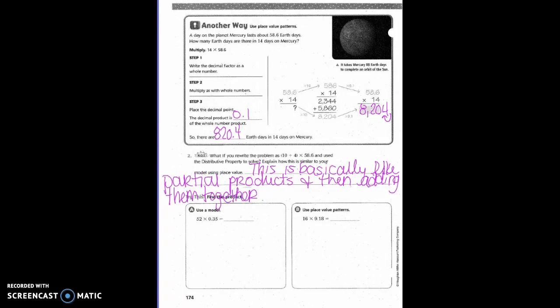Okay, they want us to find the products of these two answers, but they, on the first one, want us to use a model. So we are going to draw our box and then divide it into 4 pieces. So what are we going to break 52 into, guys? 50 and 2, so I'm going to write 50, and I'm also going to write 2.